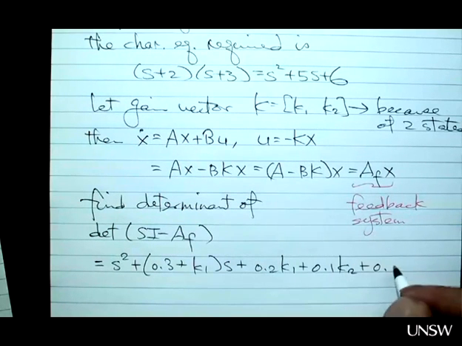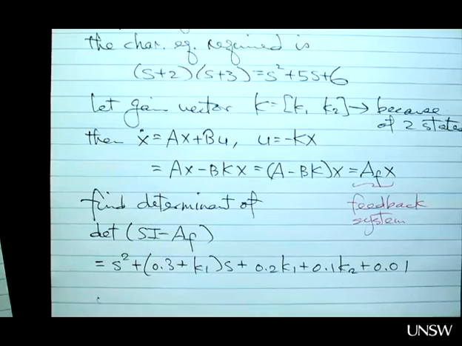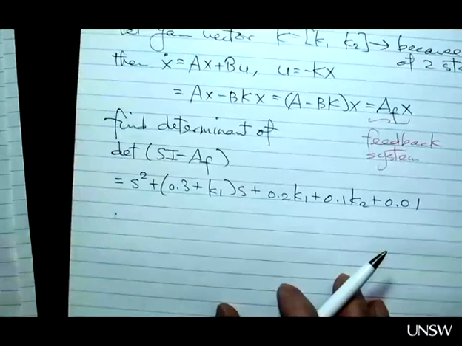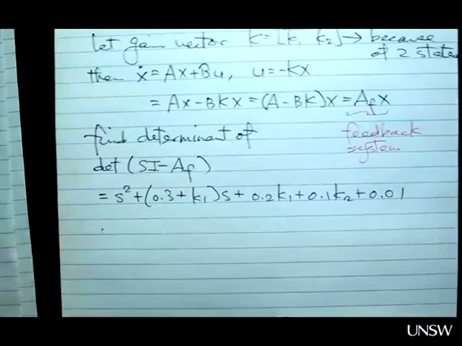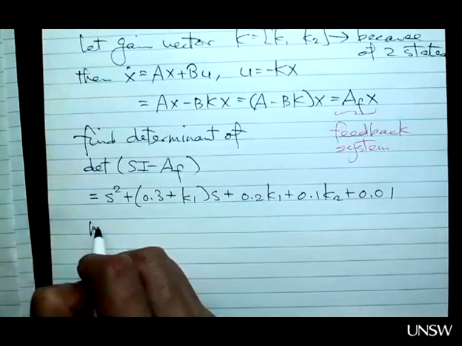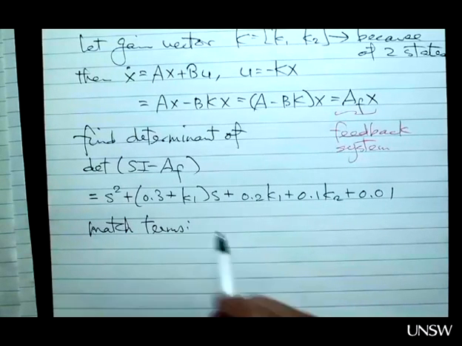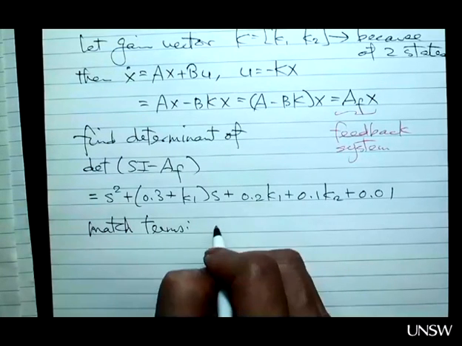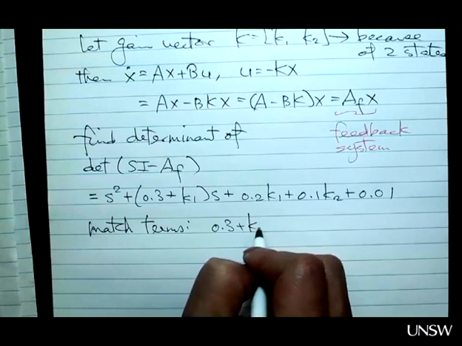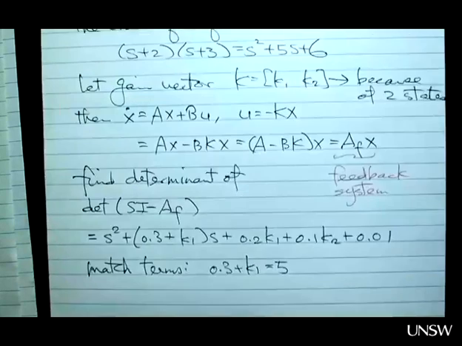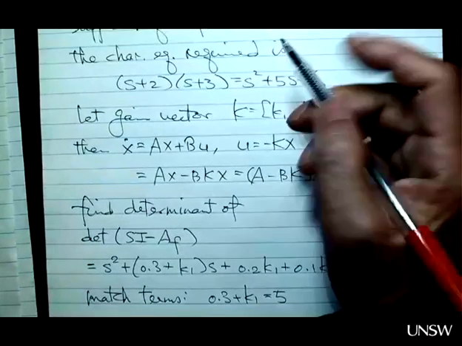And then we match terms. We have 0.3 plus K1 equals 5. So this is the 5 that we want to match.